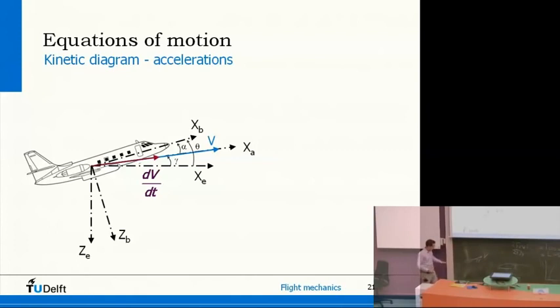So if you're going in circular motion like this, then you basically have a change of this angle gamma of the airspeed vector with the horizon with time. And you also know, because we're considering a circular motion, that this airspeed vector will be angular velocity multiplied with radius.